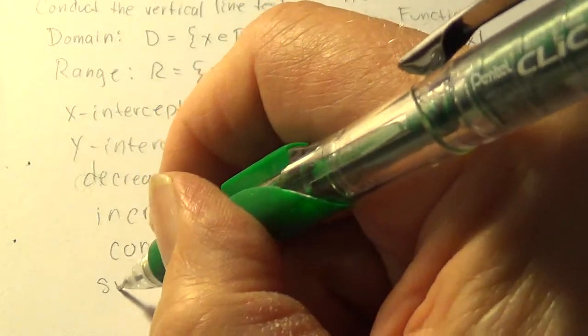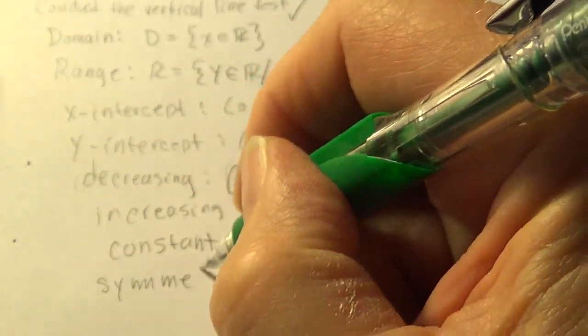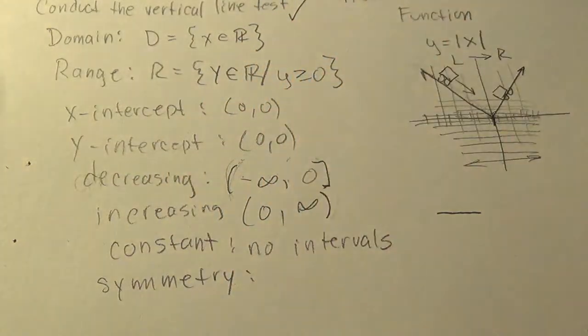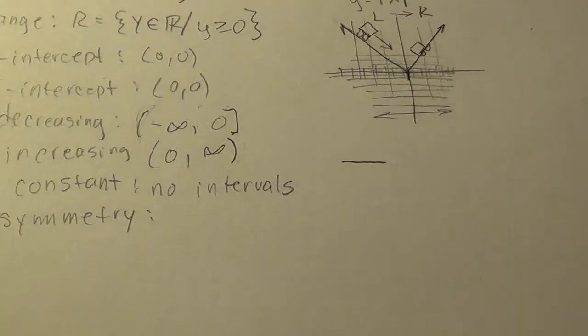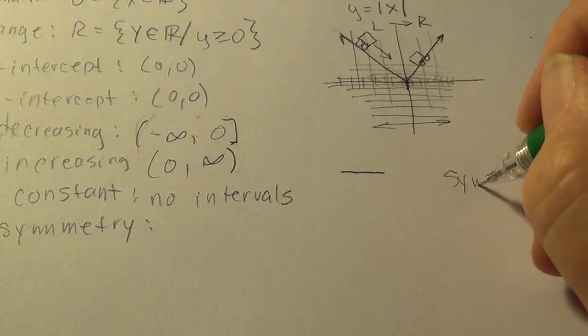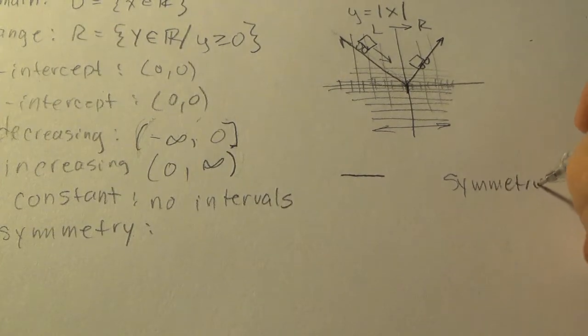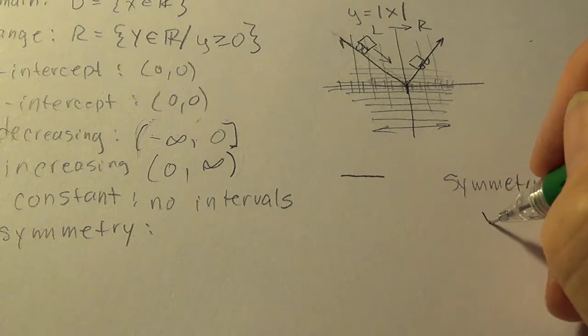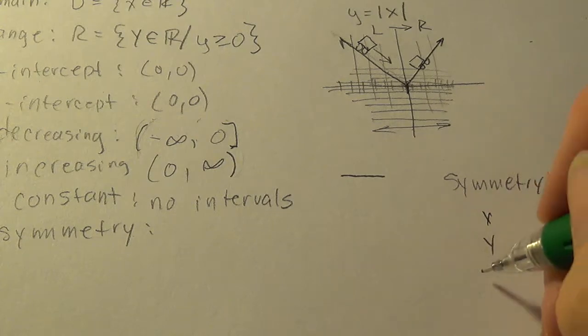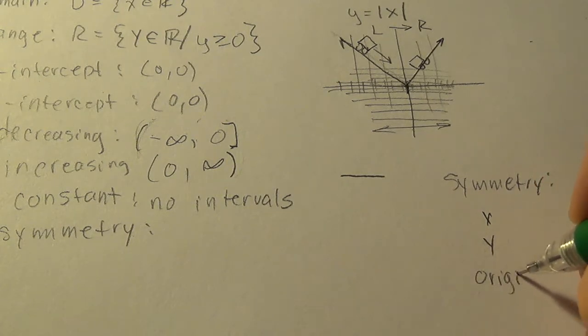Let's look at the symmetry. There are 3 types of symmetry: x symmetry, y symmetry, or symmetric to the origin.